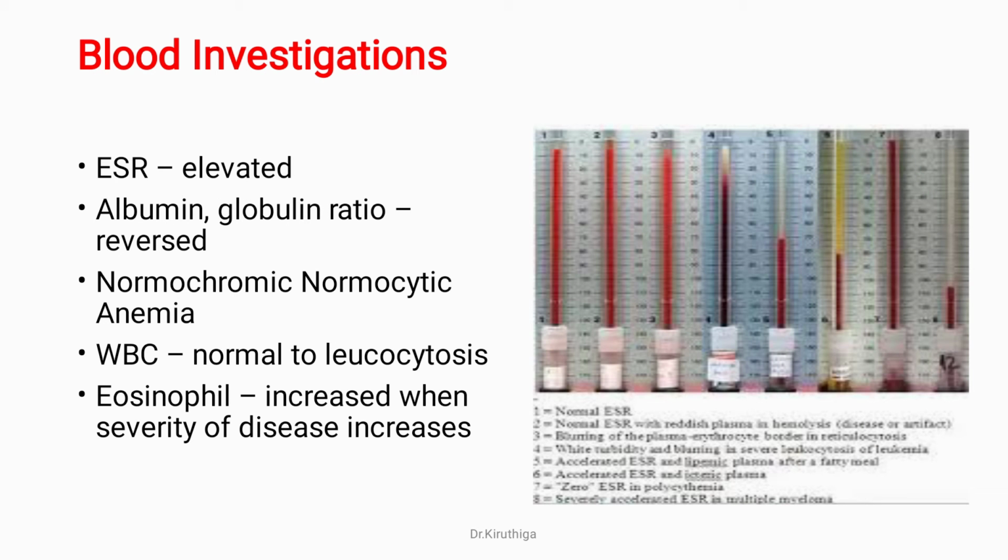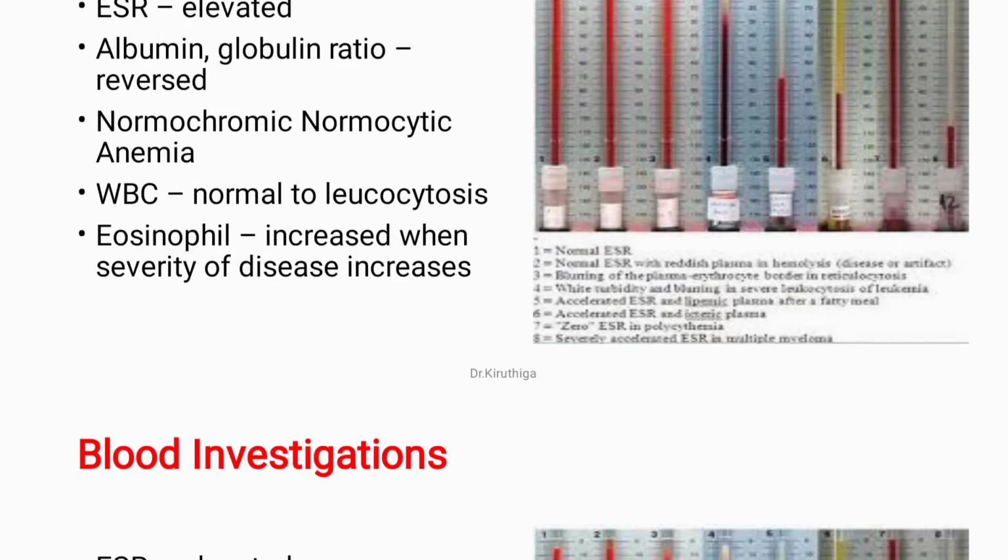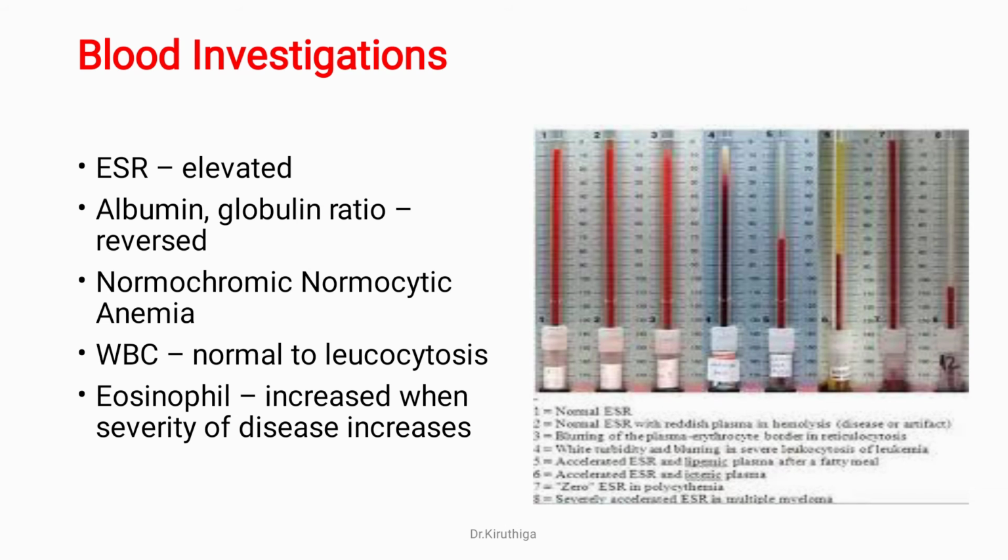In blood investigations, below are the common findings. ESR is usually elevated, between 40 to 80, and there will be reversal of albumin and globulin ratio due to chronic inflammation. And the anemia is normocytic and normochromic. Because in RA, anemia is due to osteoporosis and osteopenia, the erythropoietic activity is affected in RA.